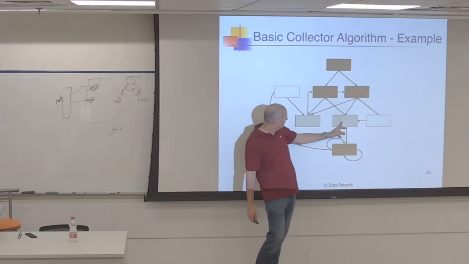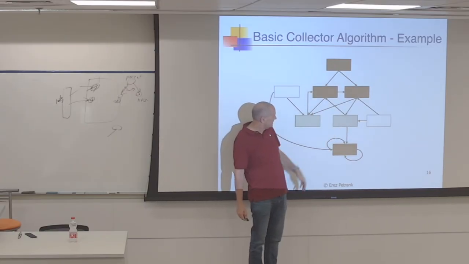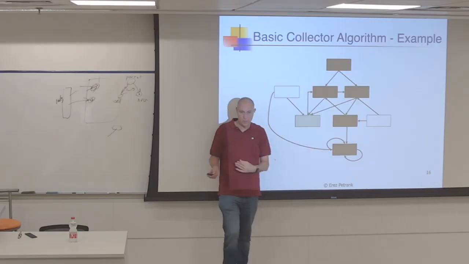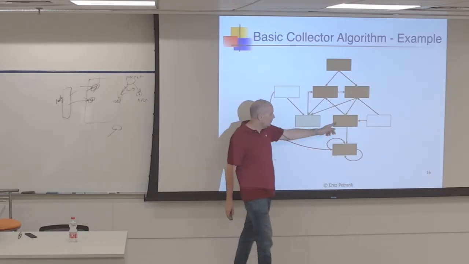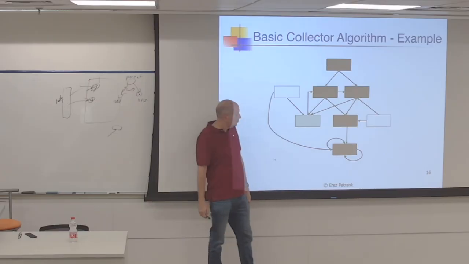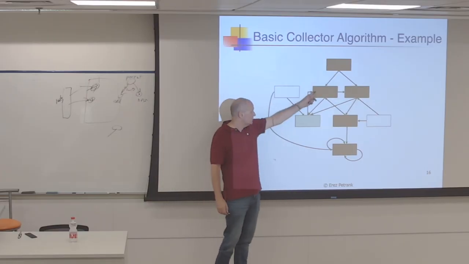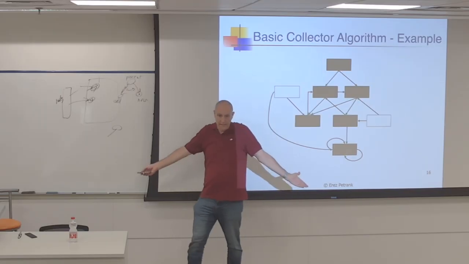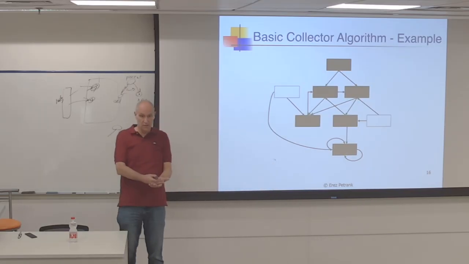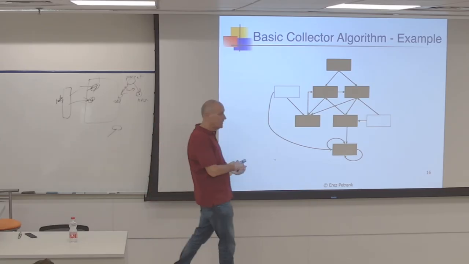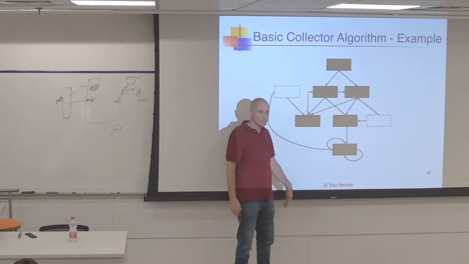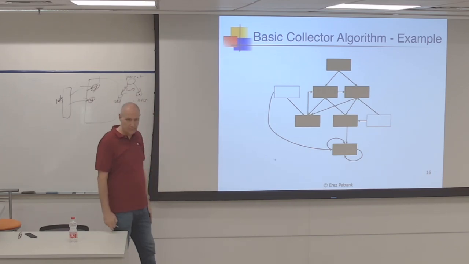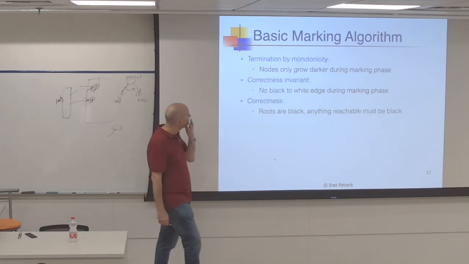Now if we take this one, it has children, but they're gray or black, so we don't need to do anything. We can make it black. This one also has only one black child, so it can become black, and we're done. We've marked all the reachable objects; they became black. All the unreachable objects are white, and we can sweep the white objects and add them to the free list. Okay, cool.